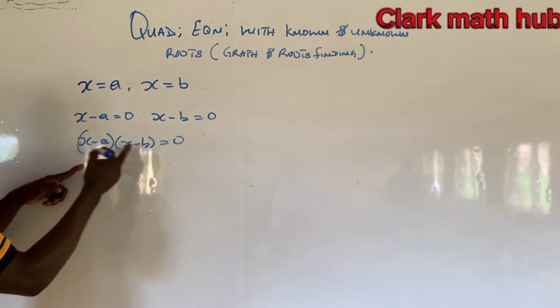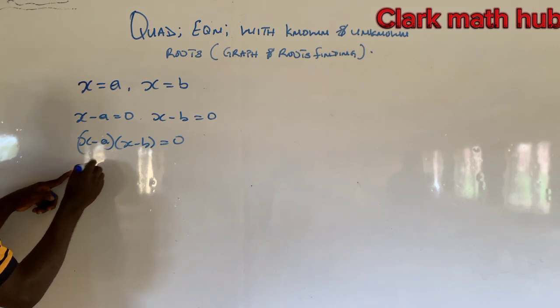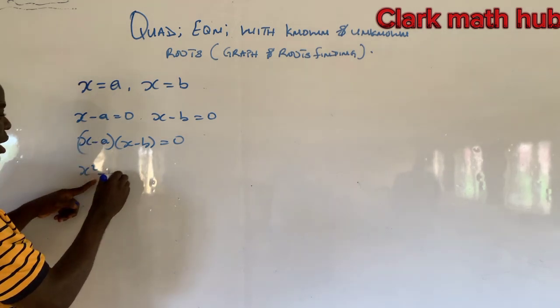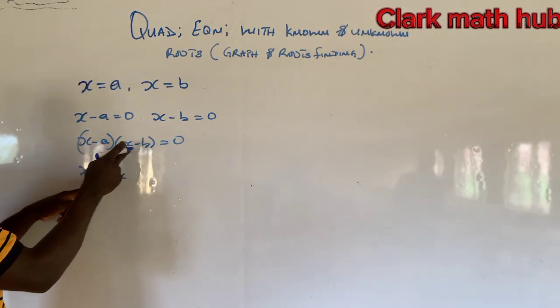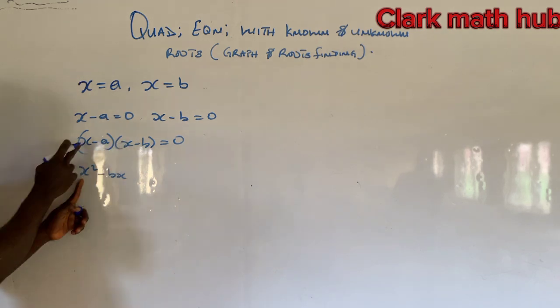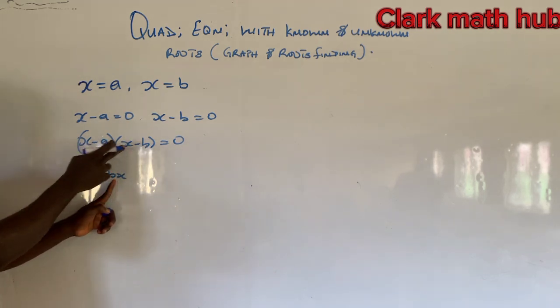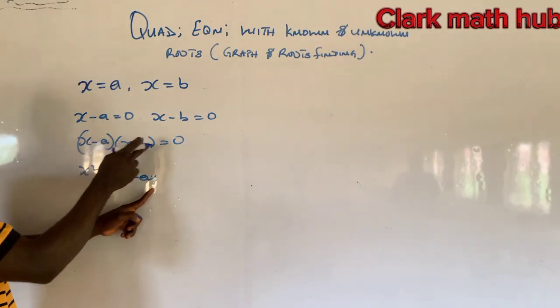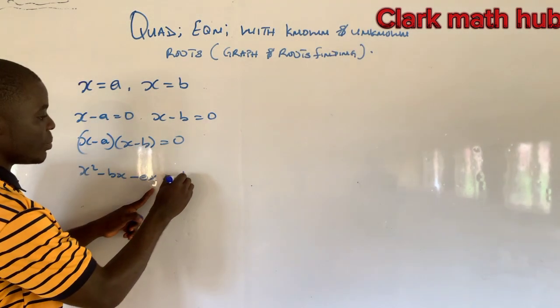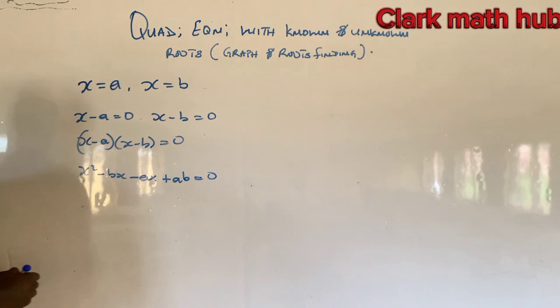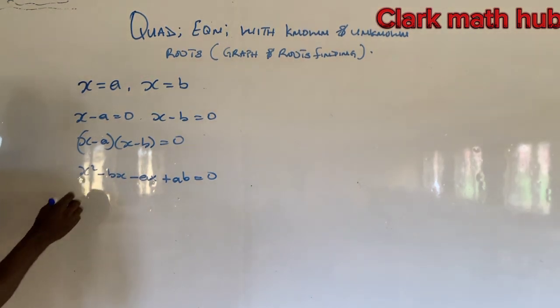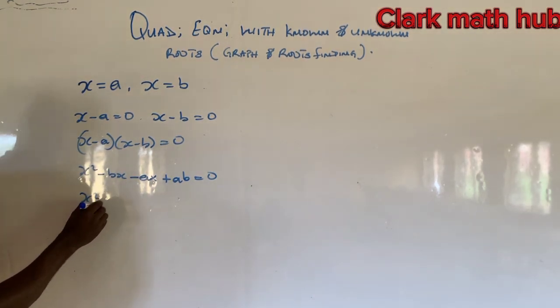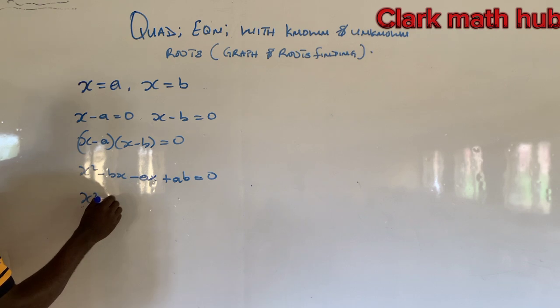To solve further, this multiplied by this gives x squared, minus bx, minus ax, plus ab, all equal to 0.